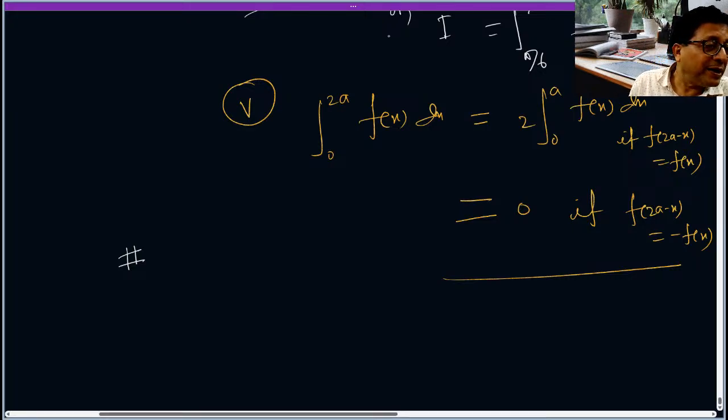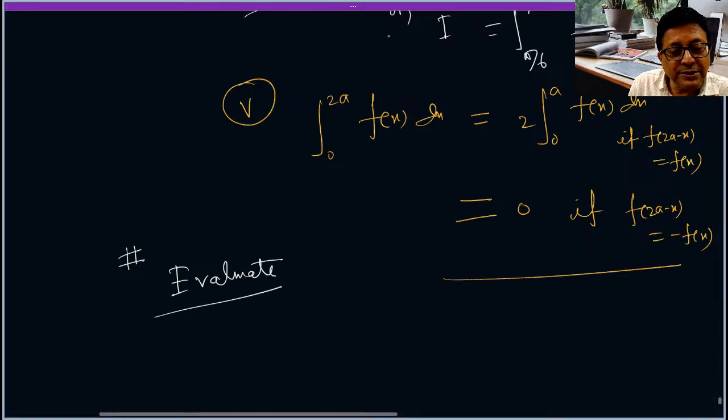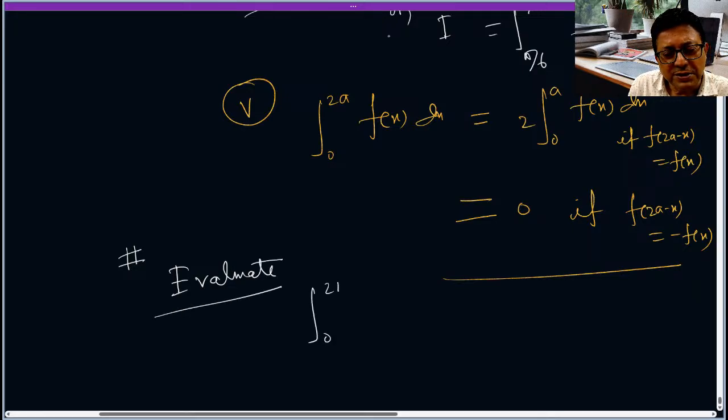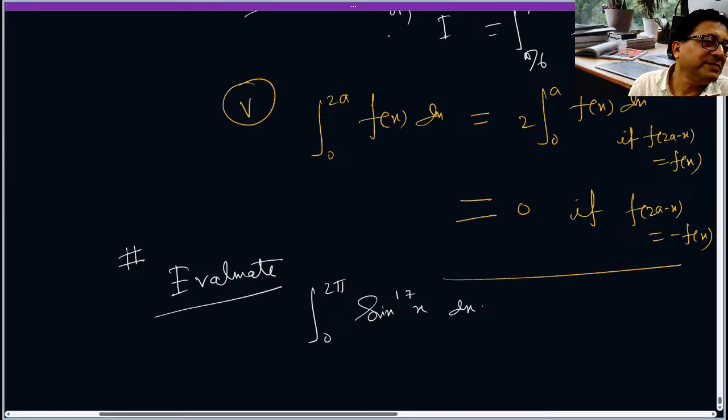So let us apply it in one sum. Say they have asked you to evaluate 0 to 2 pi sine to the power 17x dx only. Say this is the sum.